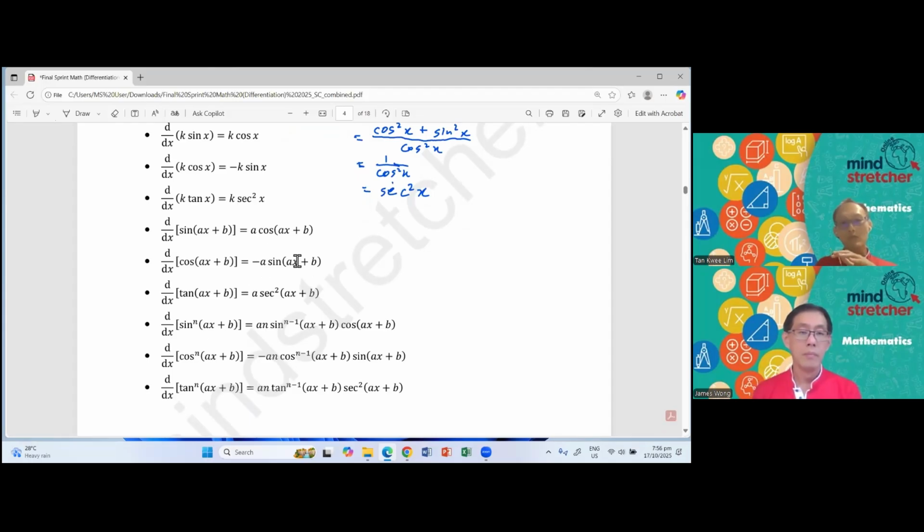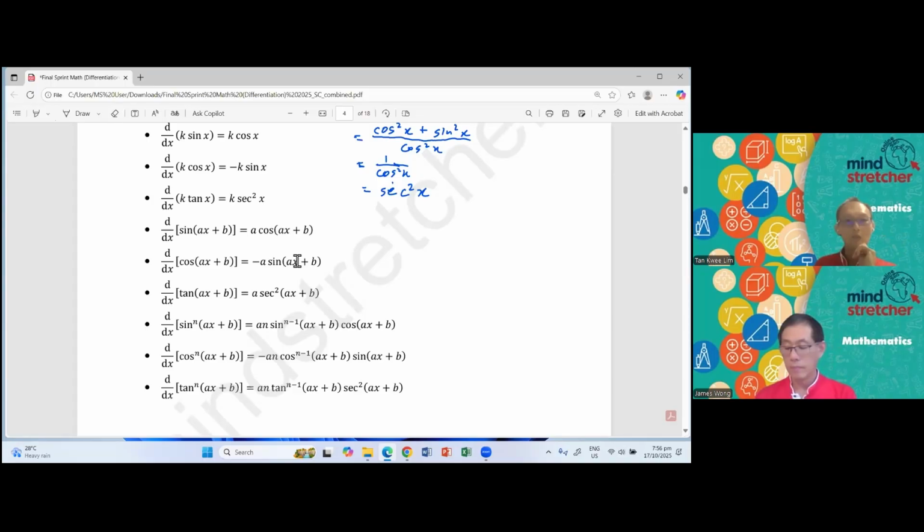If we consider a case of sine to the power of n of ax plus b, then of course same thing, chain rule, where we will have n sine to the power of n minus 1 of ax plus b, multiplied by the cosine of ax plus b.